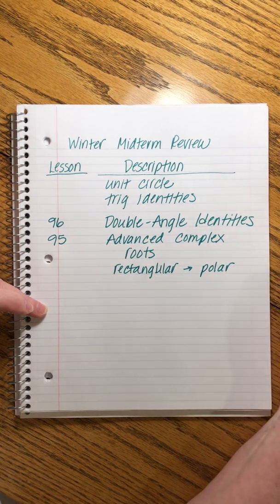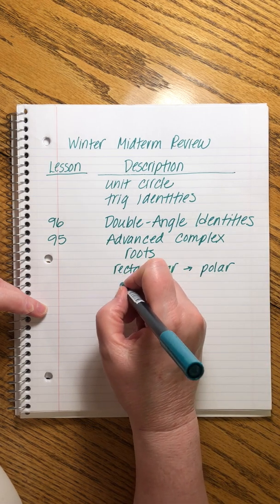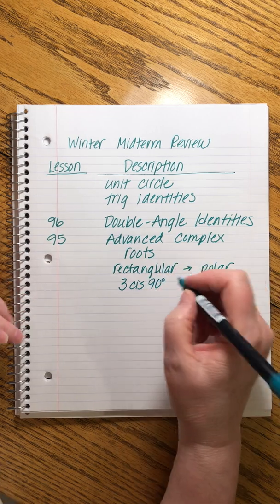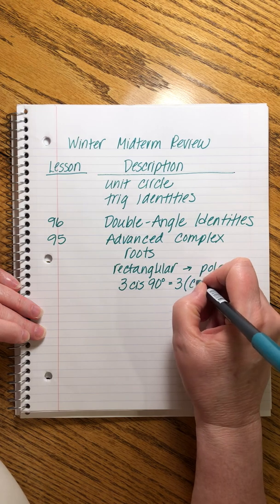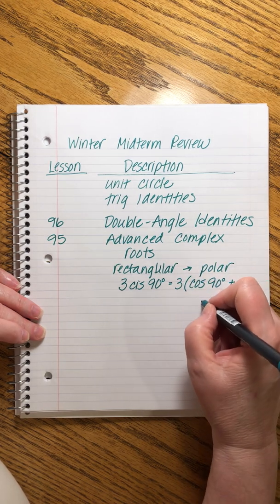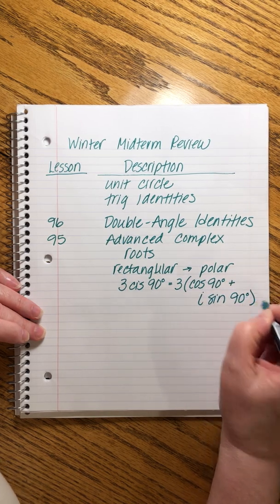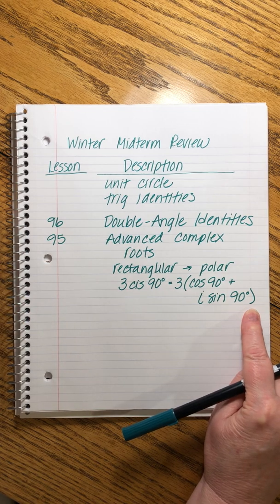So there's that, and remember that's where we say something like 3 cis 90 degrees, and remember that what that equals is 3 times the cosine of 90 degrees plus i times the sine of 90 degrees, right? This means this, which can be helpful.